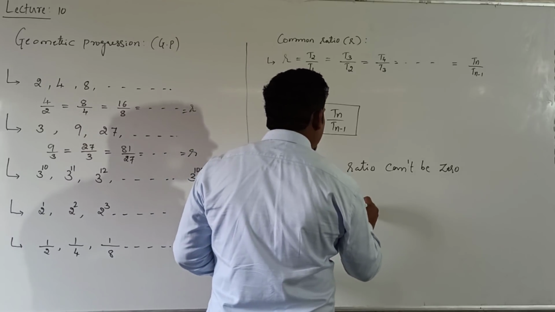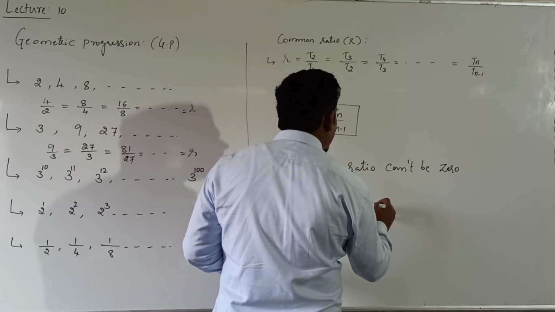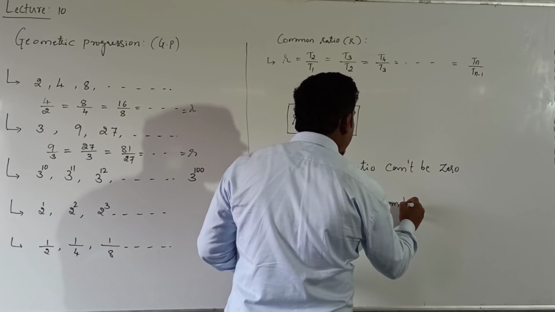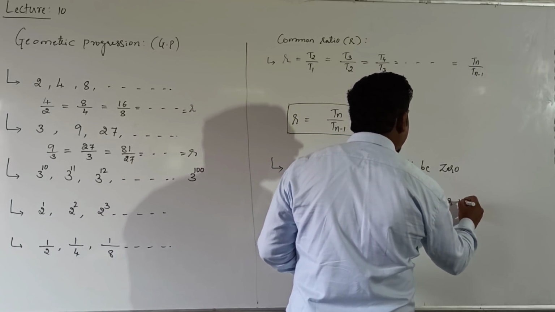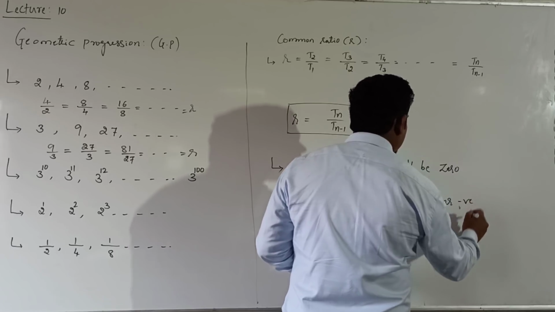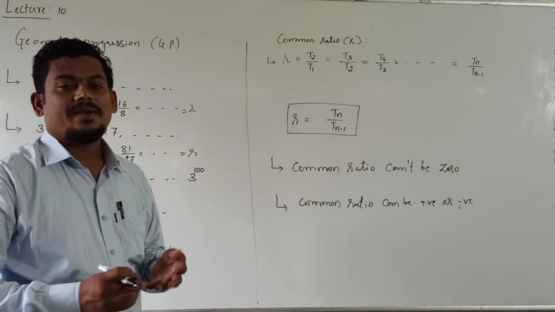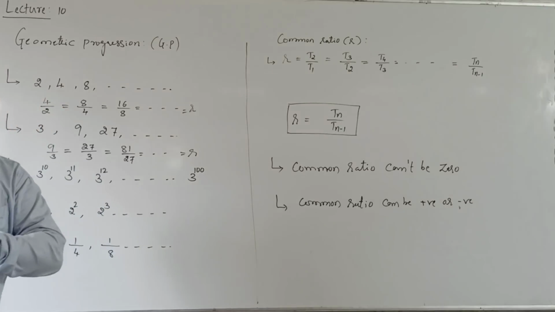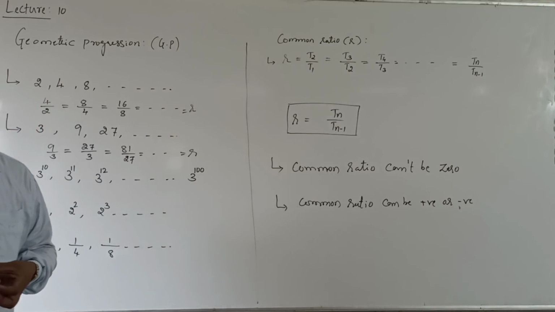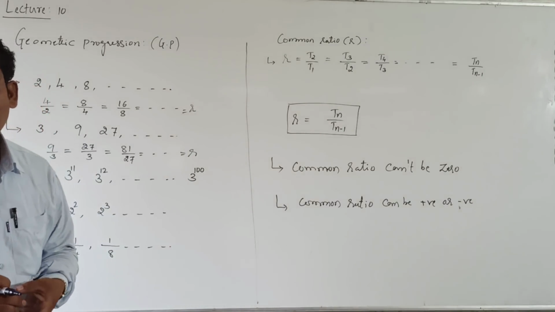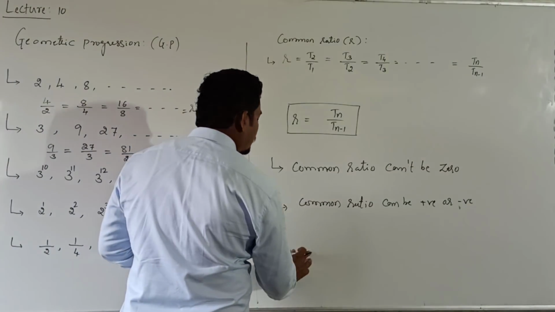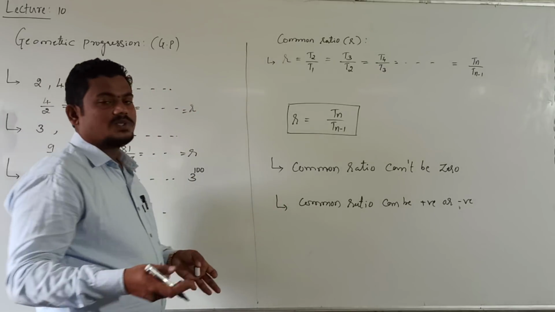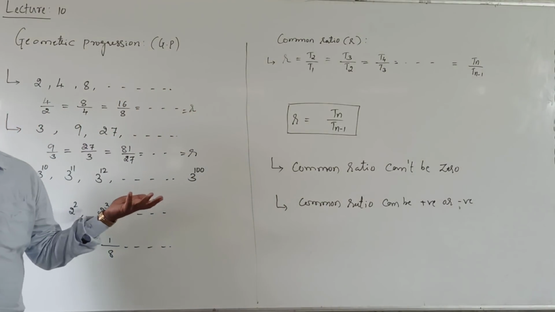Common ratio can be positive or negative, depending on the terms in the GP. For example, if you take alternating positive and negative terms, then the ratio may be negative.